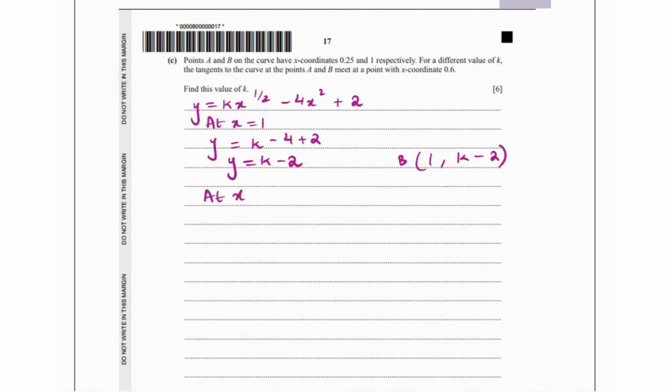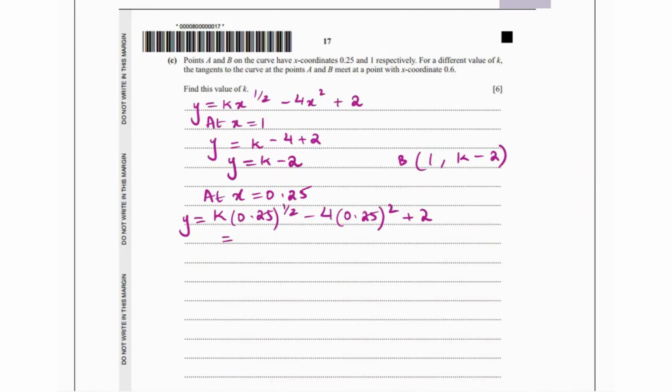At x equals 0.25, y equals k times 0.25 to the power of 1 over 2 minus 4 times 0.25 squared plus 2.